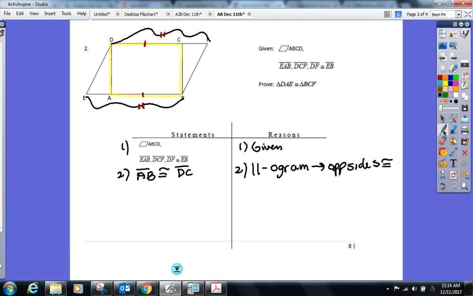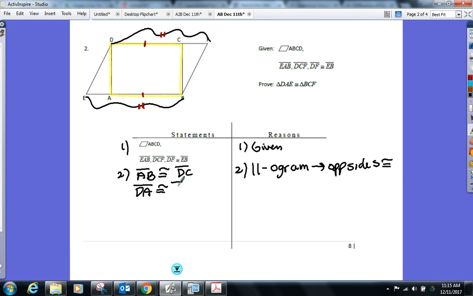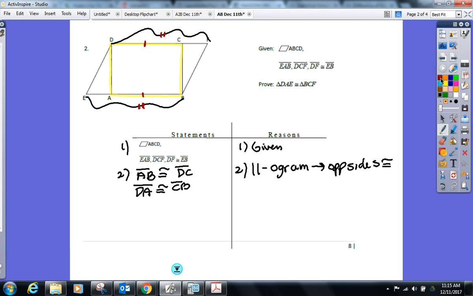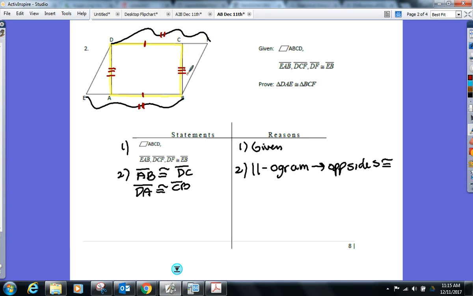Are those the only two pair that are congruent? What's the other pair that's congruent? And aren't those full sides in? Okay, so that works. DA congruent to CB. All right, so you got a full pair of sides.